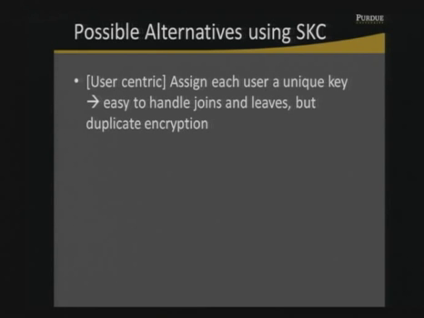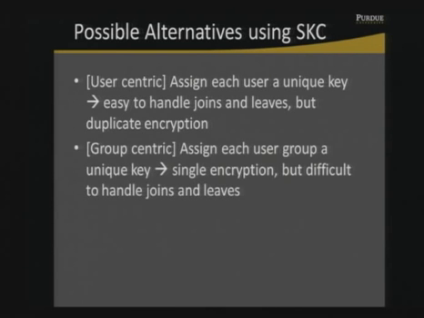But this will have duplicate keys. So straightforward use of PKC is also not going to solve the problem. Another straightforward use is the group-centric approach, where users are grouped based on the policies in the system, and for each group you assign a key.